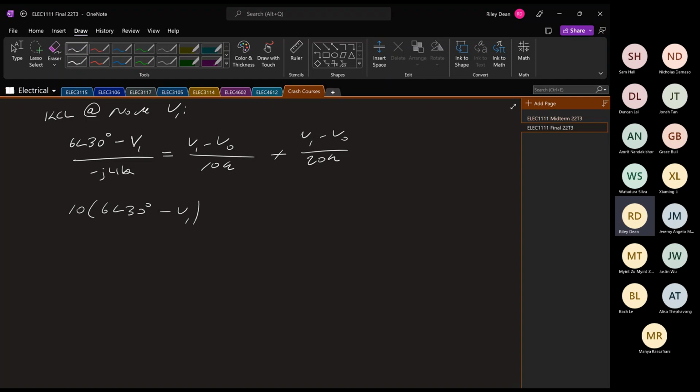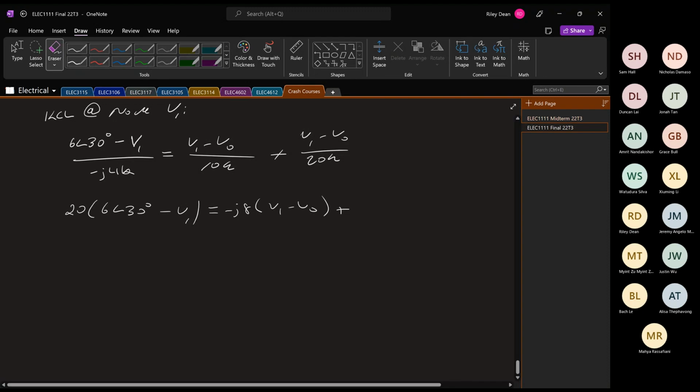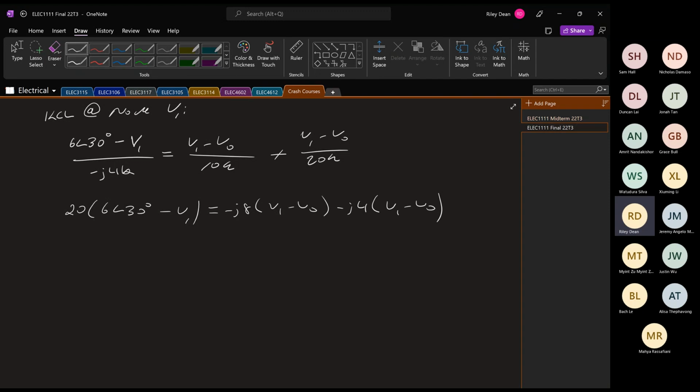Okay, so that is actually not going to be that, that's going to be 20 equals minus J8. So that's just me multiplying everything through.